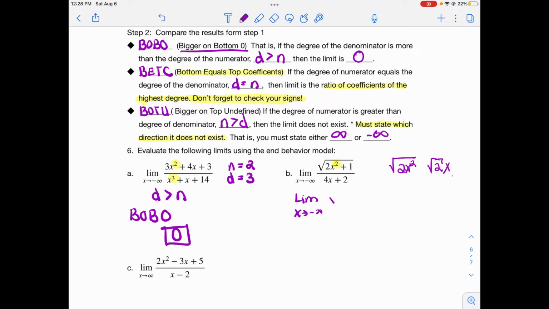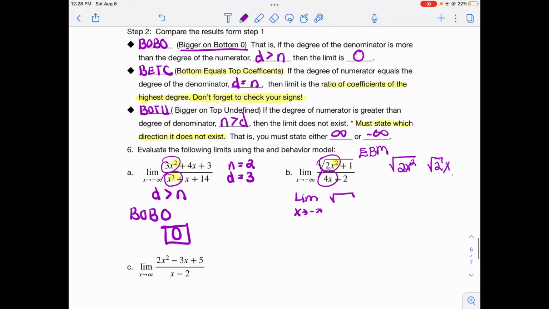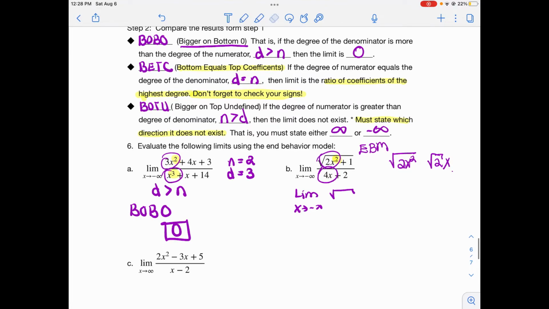We only care about this end behavior model here. We're only looking at the leading term, so I don't care about any of the other terms. When I'm doing this as an end behavior model, I can rewrite this equation as the square root of 2x over 4x.